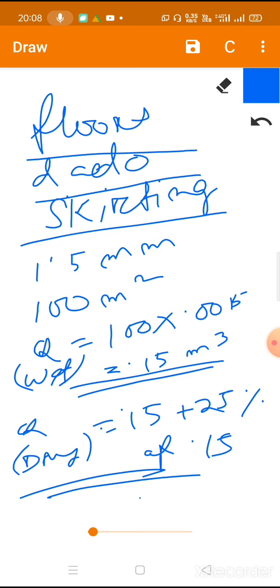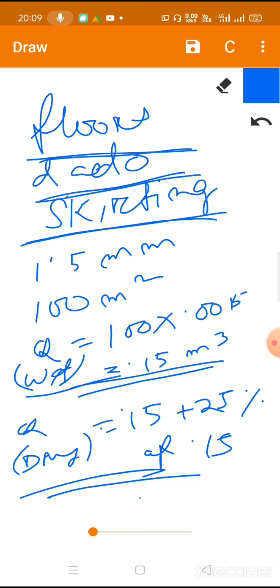Okay. So what we have learned, in case of walls we take 30% extra over the total wet volume. In case of ceilings or larger thickness of plastering, we take 20% extra over the total wet volume. And in case of flooring, dado or skirting, we take nothing extra.